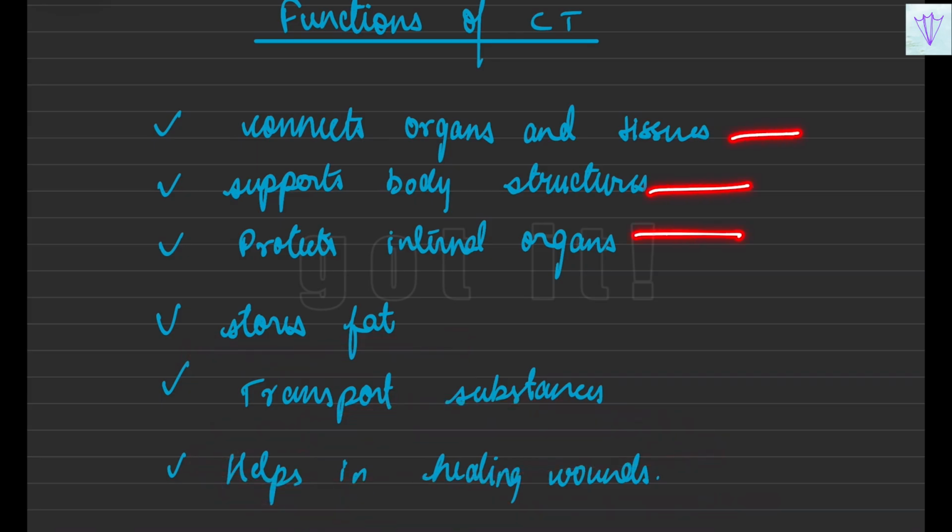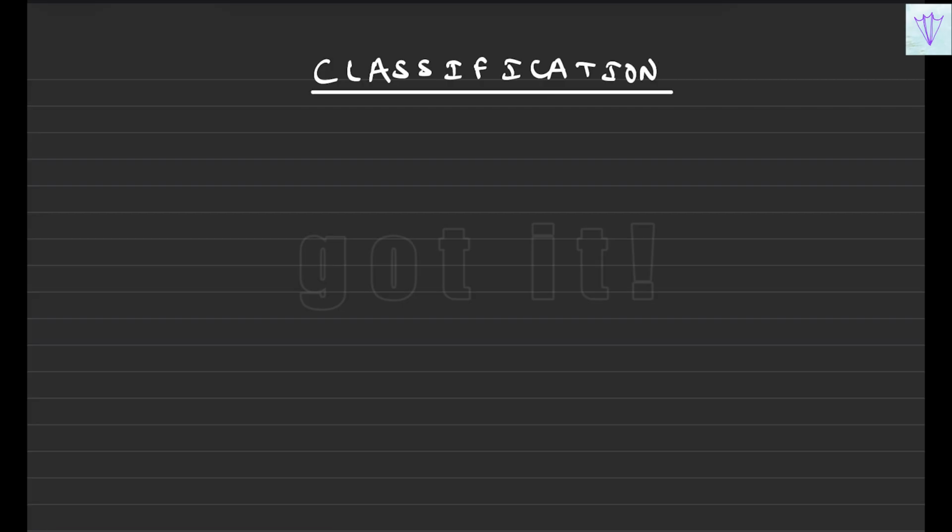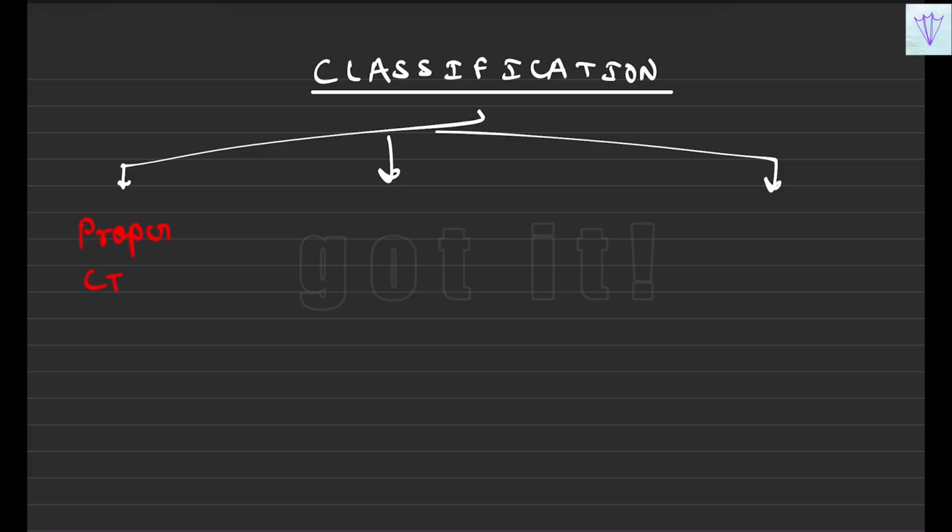For each of these, there is a separate classification of connective tissue which we will be studying. Now we'll give a quick overview of the classification of connective tissue, so it is important that you note it down. Primarily there are three classifications: proper connective tissue, supportive connective tissue, and fluid connective tissue.